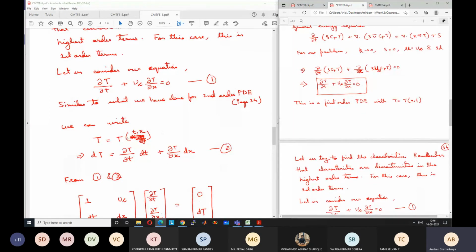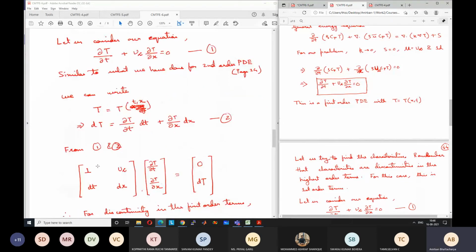From equations 1 and 2, we can rearrange the terms. Equation 1 can be written as 1 into del T del t plus u infinity into del T del x equal to 0, and the second equation can be written as dt into del T del t plus dx into del T del x equal to dT.